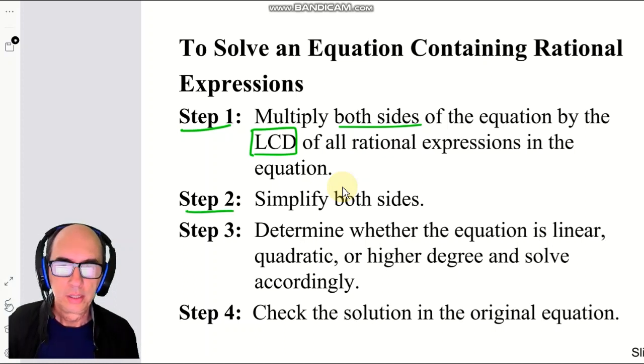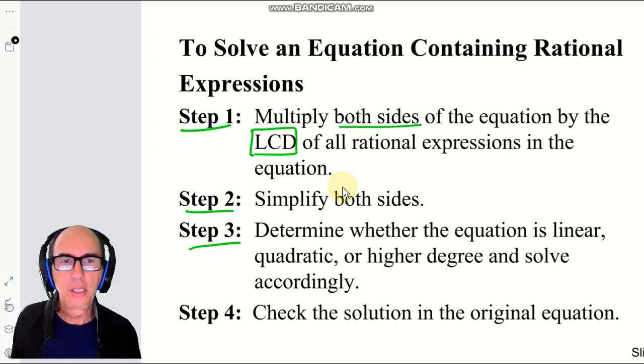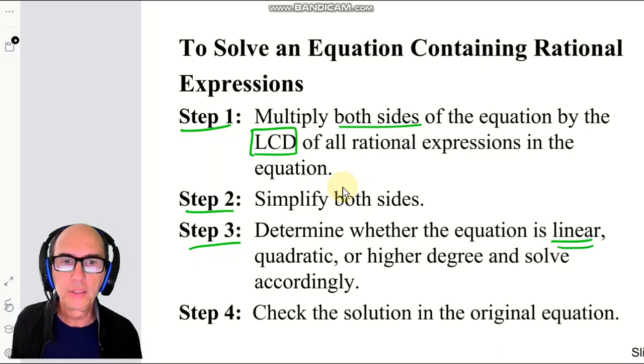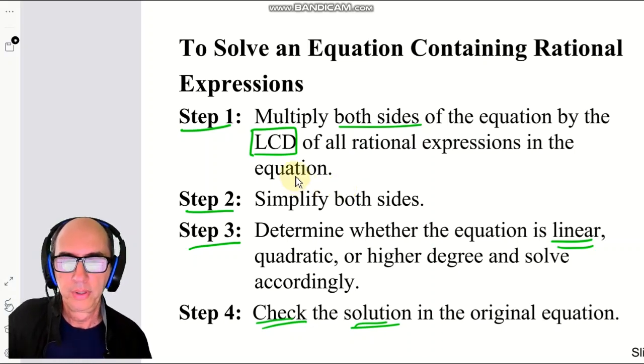Step 2, simplify. Then you check, depending on the kind of equation, we will work a lot right now with linear equations, and check if the solution is correct, and if you don't have any denominators that become 0.